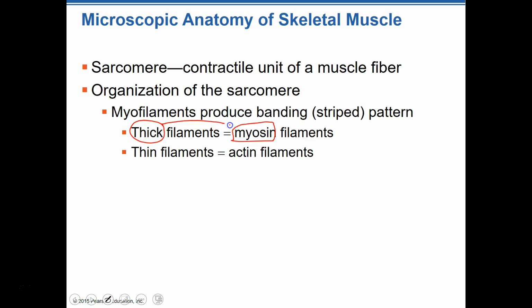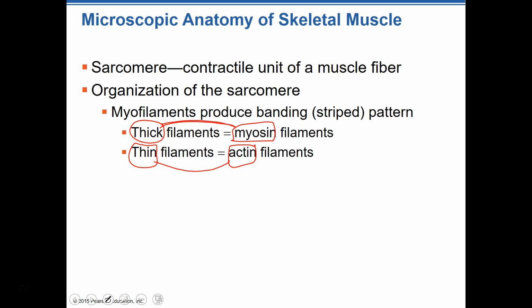Those two go together. Thin and actin, those two go together. So I'm pointing those out, and I'm making the link between them because eventually I'm not going to be calling them thick and thin. I'm going to be calling them actin and myosin, okay? So when I'm talking about actin and myosin, I'm still talking about the thick and thin filaments, okay?